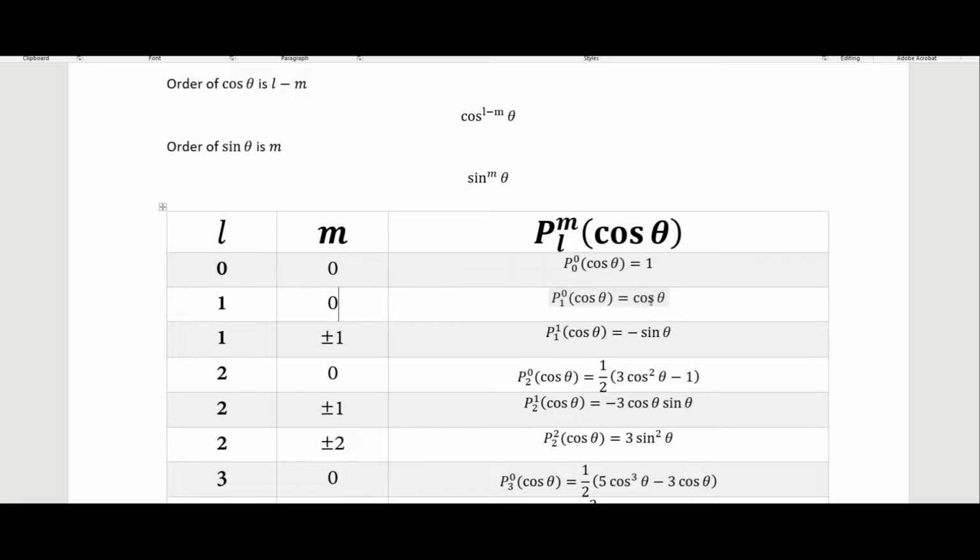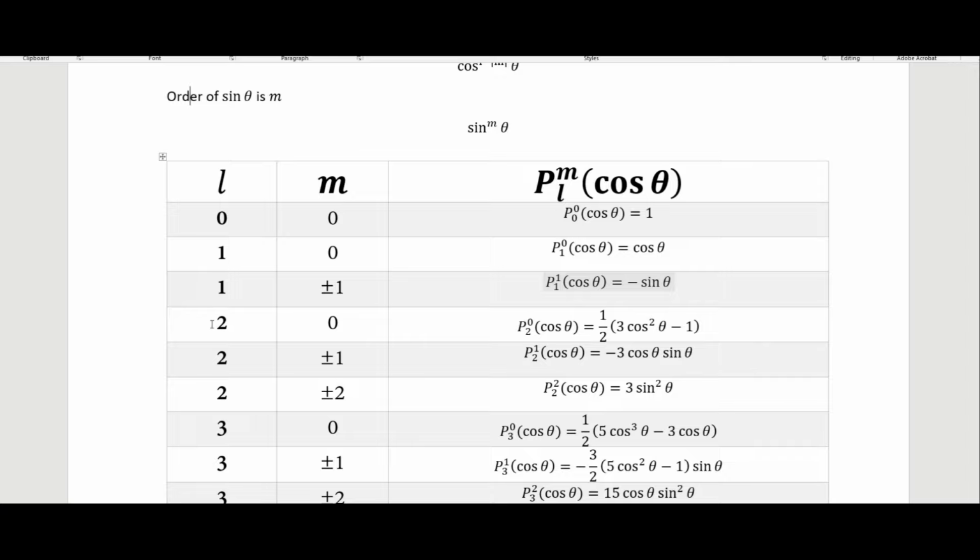So we have cosine to the first power, but then sine has an order based on M, which is 0, so there is no sine. And I guess we could say that this is minus the absolute value of M. I should probably say, because we have here 1 and then minus the absolute value of plus or minus 1, means we don't have any cosines, but we have a sine here now.